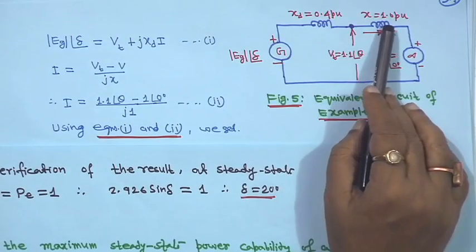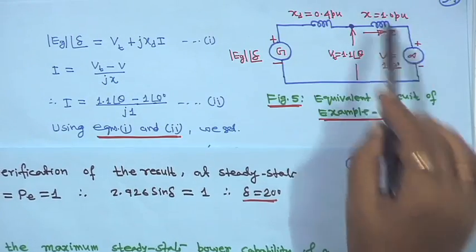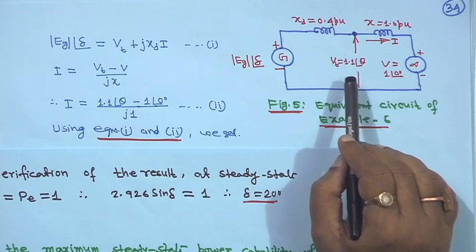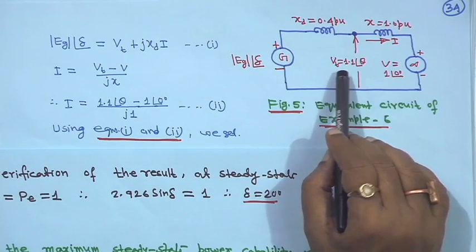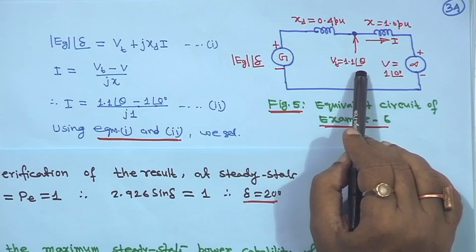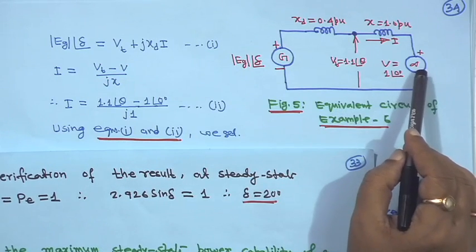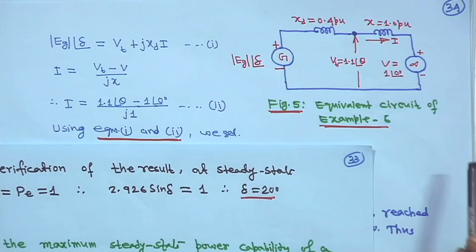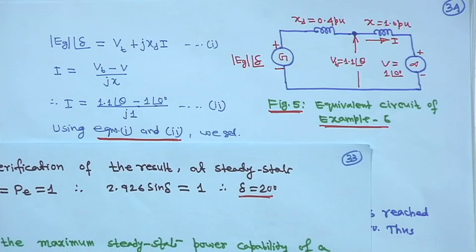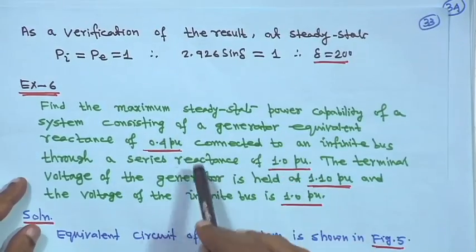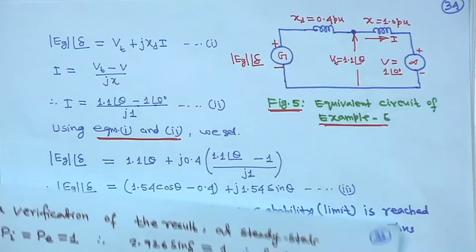So, this series reactance here is 1 per unit, and terminal voltage is given 1.10 magnitude. So, we are writing V t is equal to 1.1 angle theta, and infinite bus voltage is given, it is 1 angle 0, right. So, you have to find out the maximum steady state power capability. Whatever has been mentioned here we are putting in this diagram.